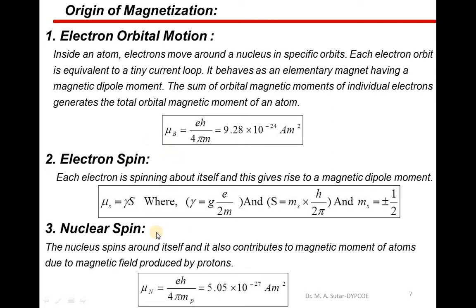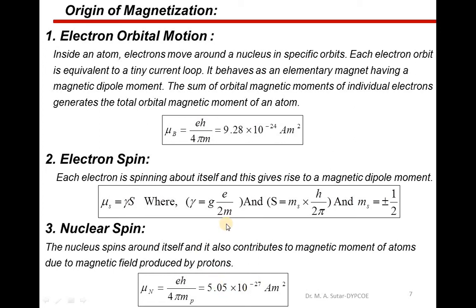At the same time, the nucleus is also spinning, where protons are present, and protons are positively charged particles. But as protons have more mass, 1836 times greater than that of the electron, this contribution is very, very small and is neglected.